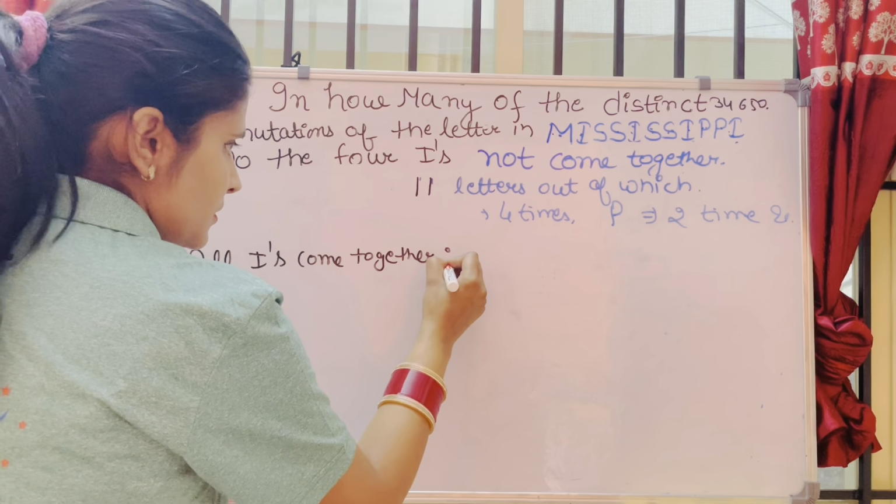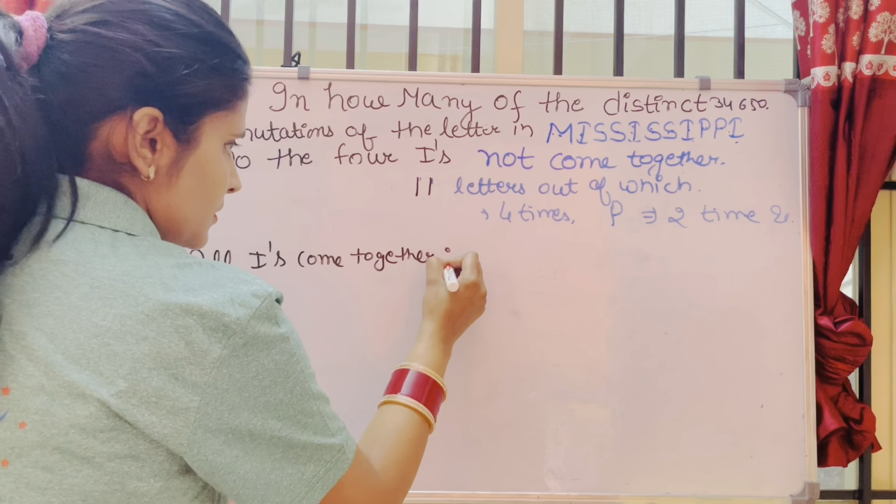We are left with 11 minus 4, that is 7 letters. We treat the 4 letters as a single letter. Then we get 7 plus 1, 8 total letters.